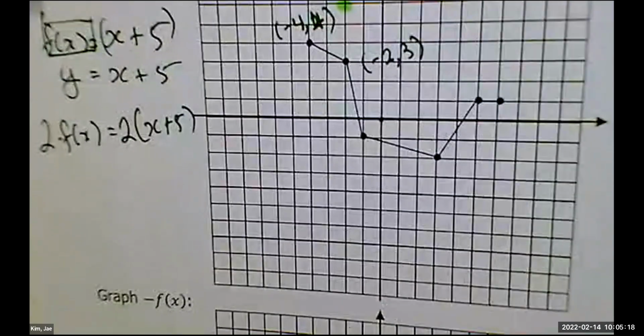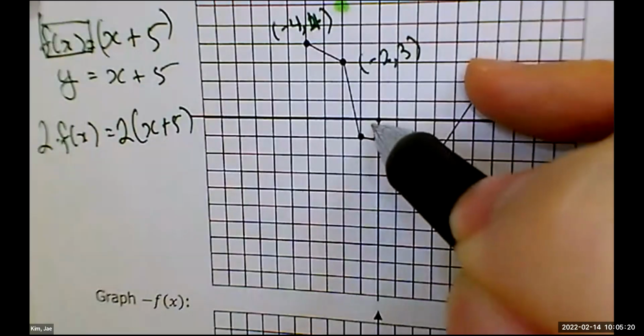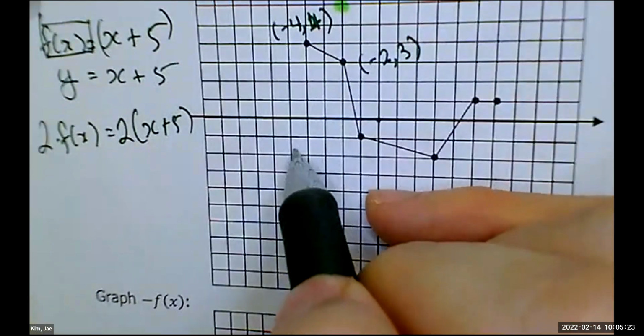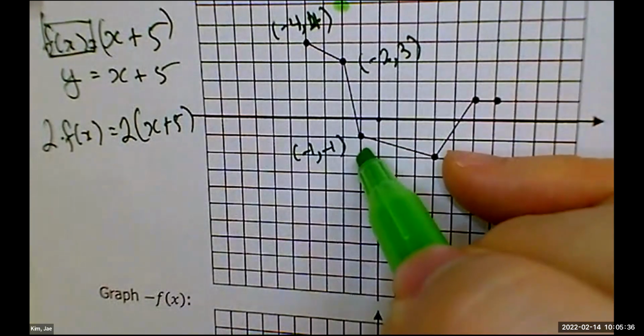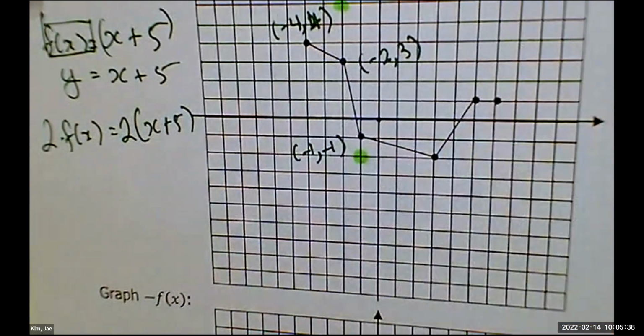Ooh, the math doesn't change. This point is negative 1, negative 1. Take the y value and multiply it by 2. Negative 1 times 2 is negative 2.